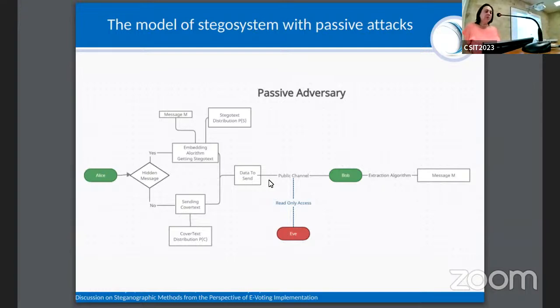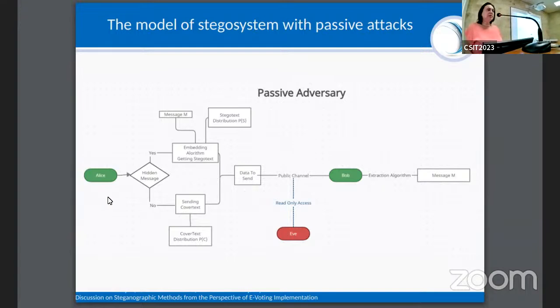We have the legitimate users, Alice and Bob. You know that in cryptography, we call them Alice and Bob. Alice must send some secret message to Bob through a public channel. And the steganography means that it will be embedded in another data, which we call a cover text. And the final text, which already includes the hidden message, is called a stego text.